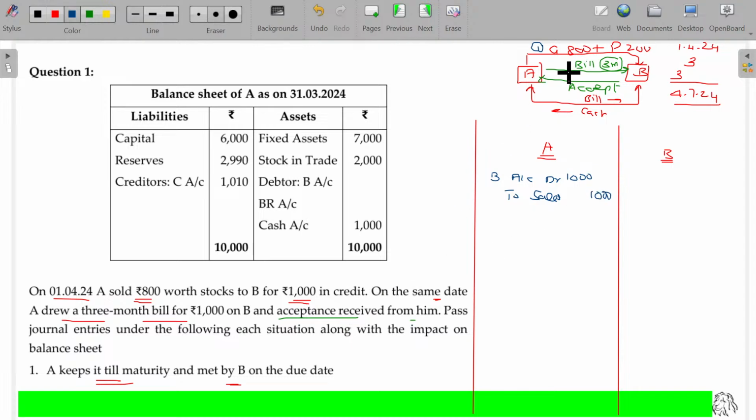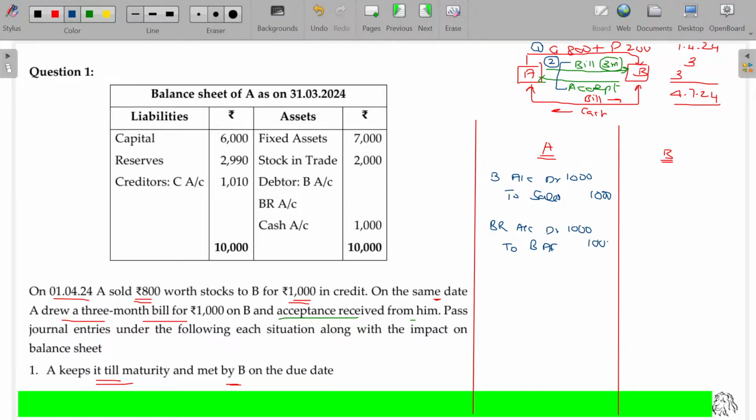What is the second entry? Drawn and accepting the bill. For this, the second entry will be passed. Now I'll get the document. The document is called bills receivable, a real account. So BR account debit to B account, this value being 1000.